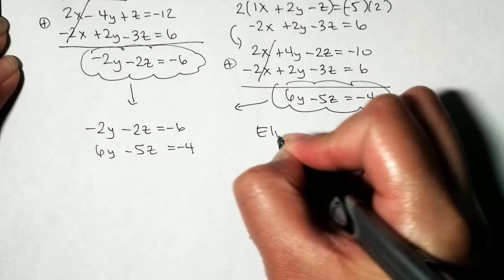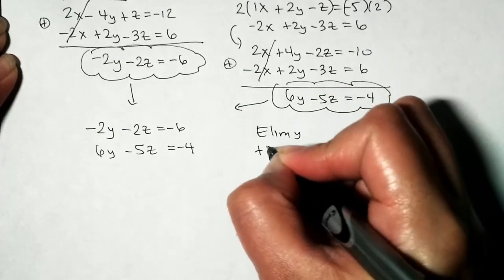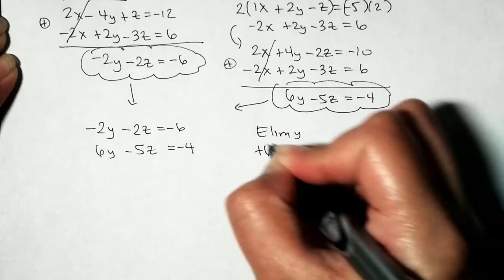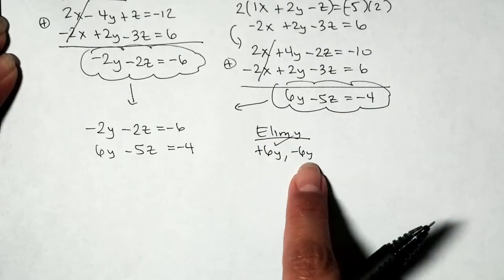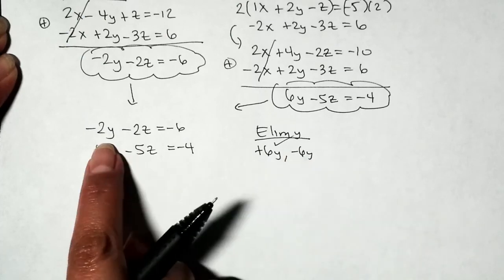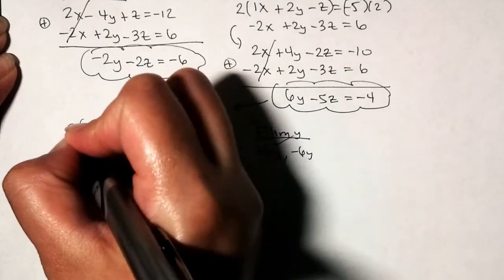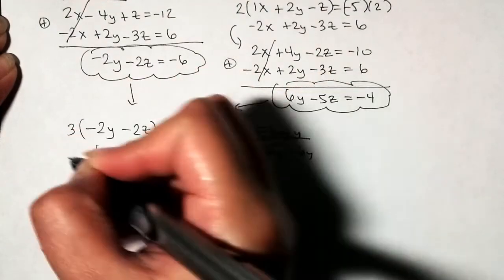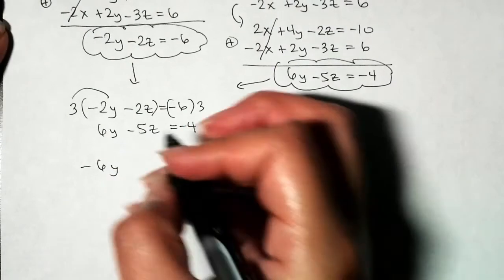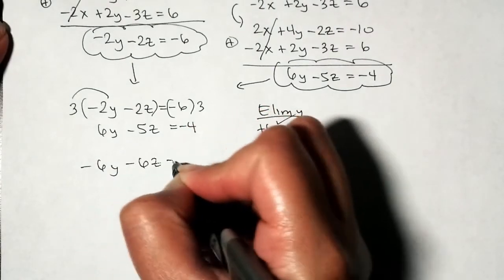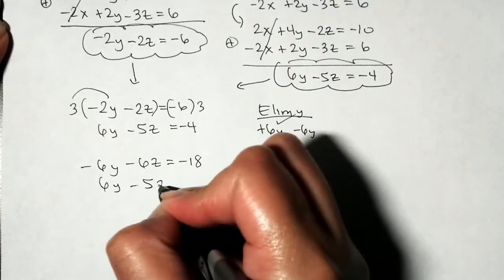So let's eliminate y. The least common multiple of the coefficients is 6, so we want a +6 and a -6. We already have a +6. Getting the -6 is an easy fix. Let's multiply this -2 by 3. Well, it's not just the term, we gotta multiply the equation itself. So when we do, that will give us -6y minus 6z equals -18, and apparently the bottom equation was perfect.